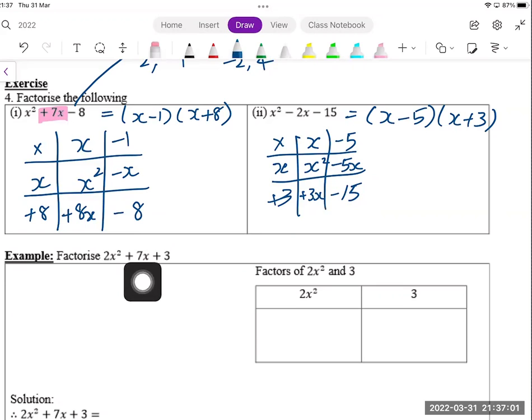Now, let's take a look at this example. I have 2x squared plus 7x plus 3. So I break this down into their factors. This will have x and 2x. 3 is just 1 and 3. There's only one set of factors, so what's there to try is the positioning.